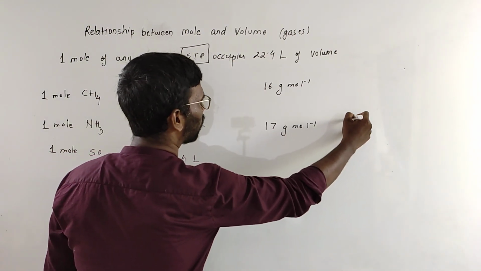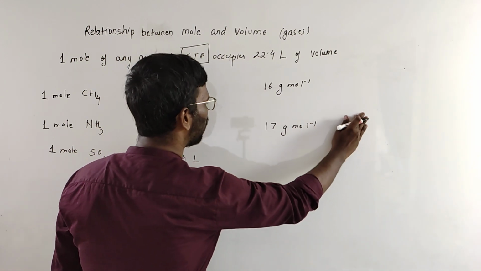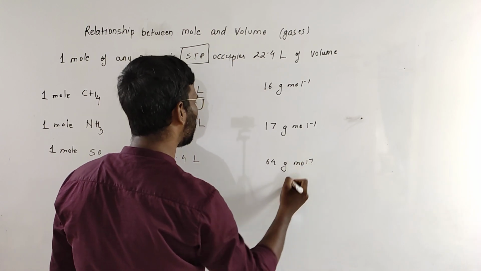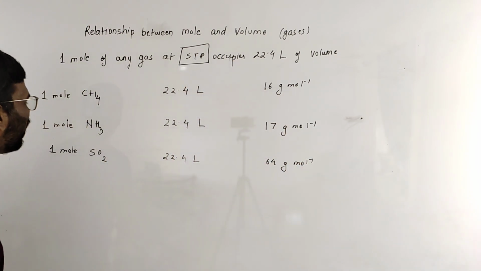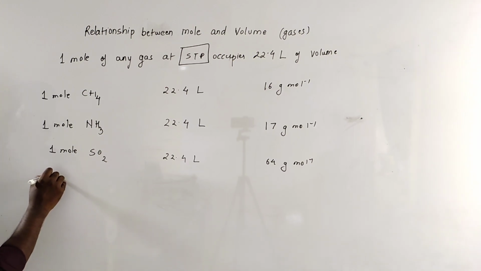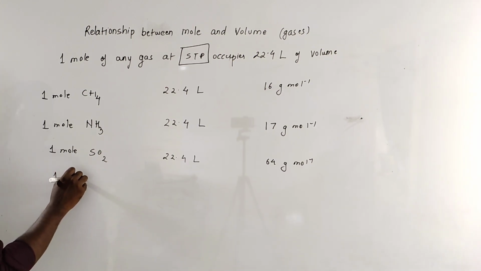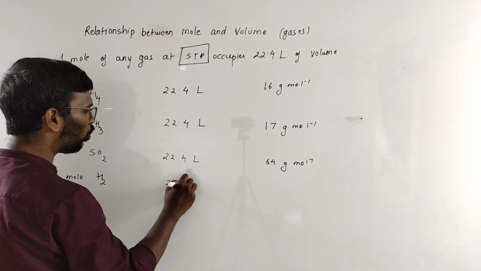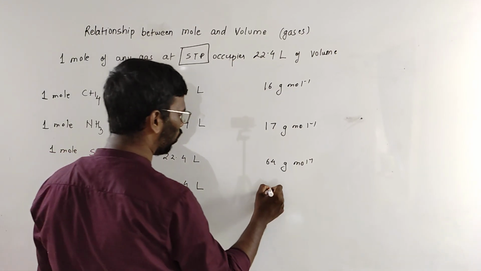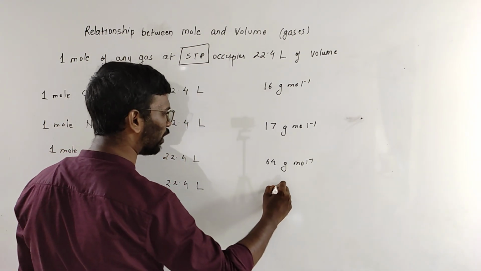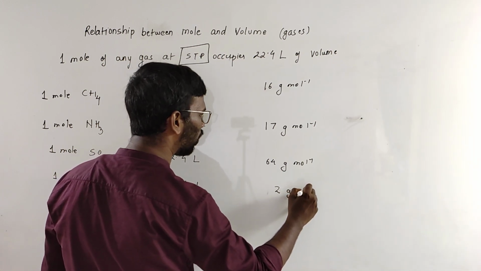Sulfur is 32 and oxygen is 32, so here it is 64 grams per mole. You can see the molar mass could be varying, but the volume occupied by all these gases is the same. Another example, 1 mole of H2 gas, hydrogen, is also going to occupy 22.4 liter of volume, although the molar mass of H2 is 2 grams per mole.